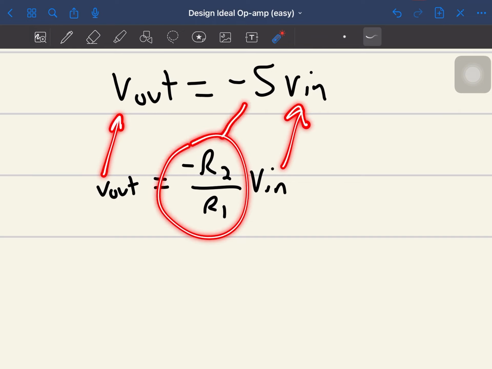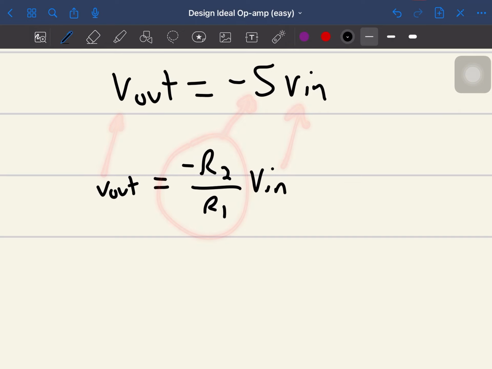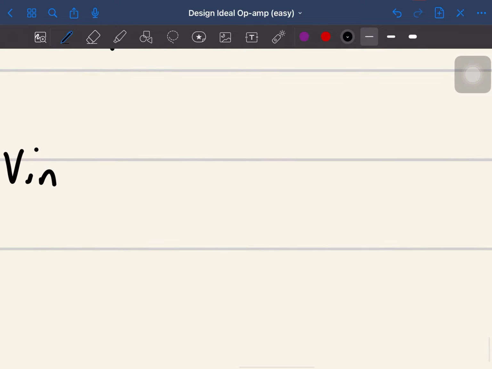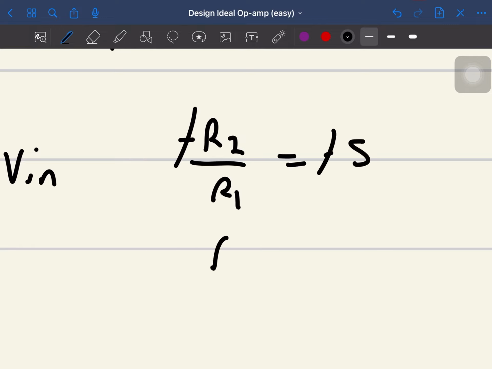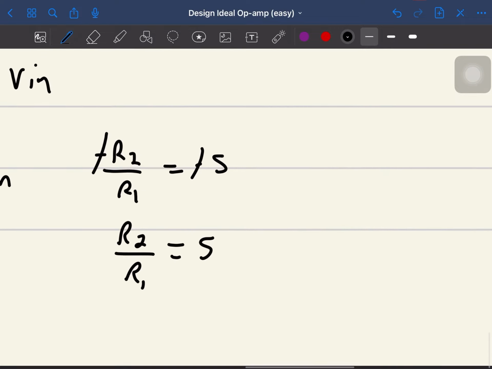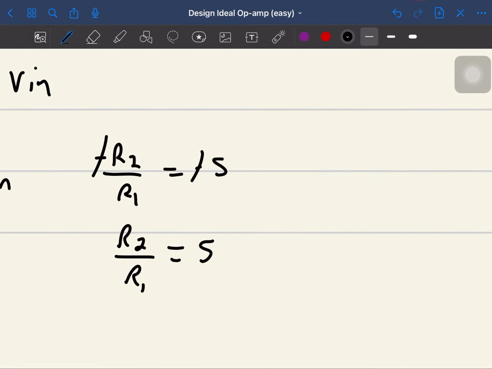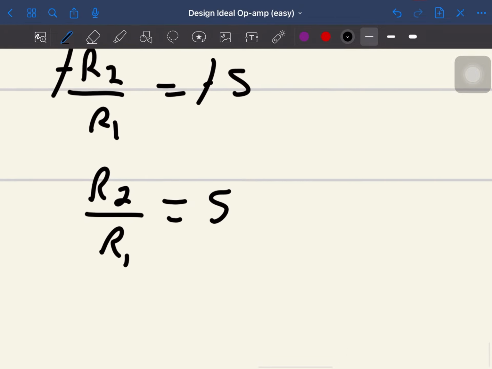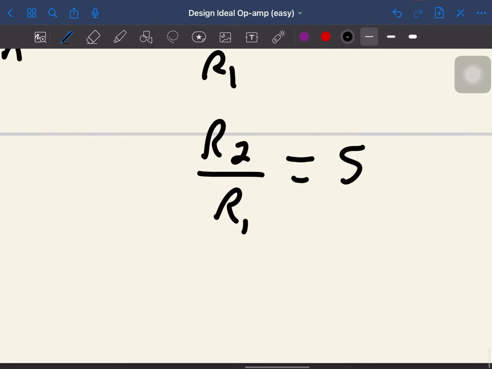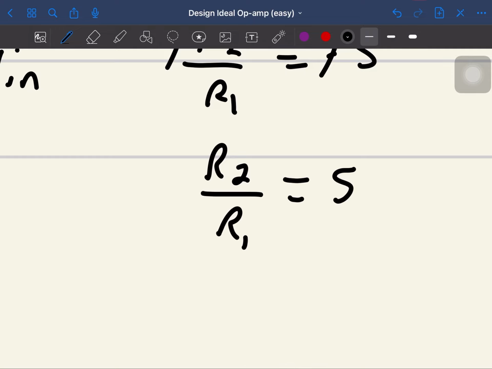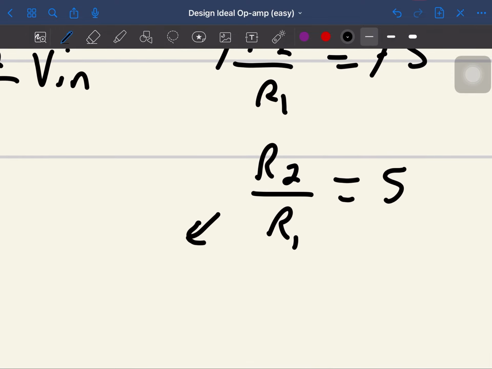So in essence, this must be the same as negative 5. So we could set them equal to each other. Negative R2 over R1 equals negative 5. We could get rid of both negatives. R2 over R1 equals 5. Now at this point, we could make R2 and R1 whatever we want to equal 5. So we could just multiply both sides by R1, and this will be R2 equals 5 R1.